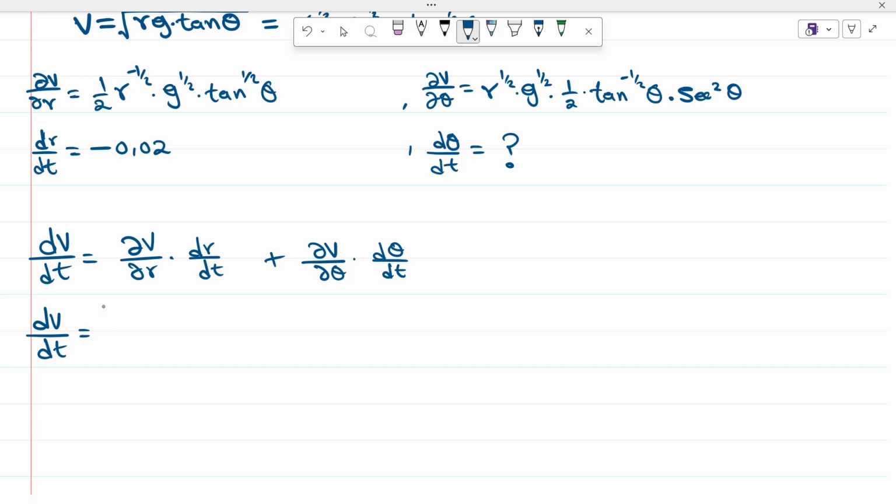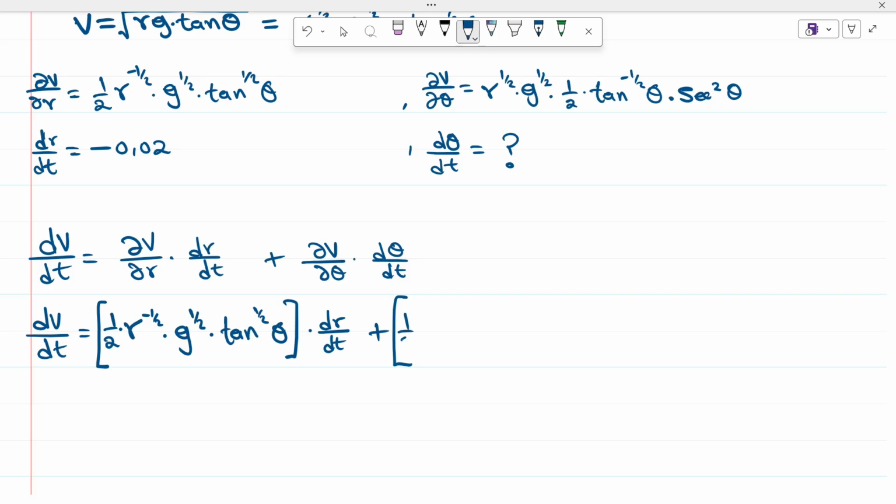So this is going to be equivalent to 1/2 r to the power negative half multiplied by g to the power half multiplied by tan of theta to the power half, and this is multiplied by the rate at which radius changes with time, plus we substitute again 1/2 multiplied by r to the power positive half multiplied by g to the power half multiplied by tan to the power negative half multiplied by sec squared.